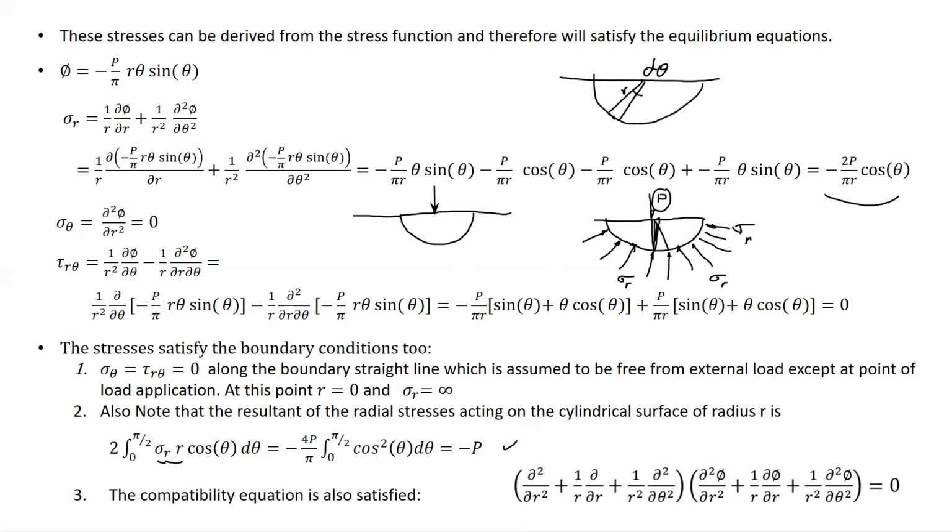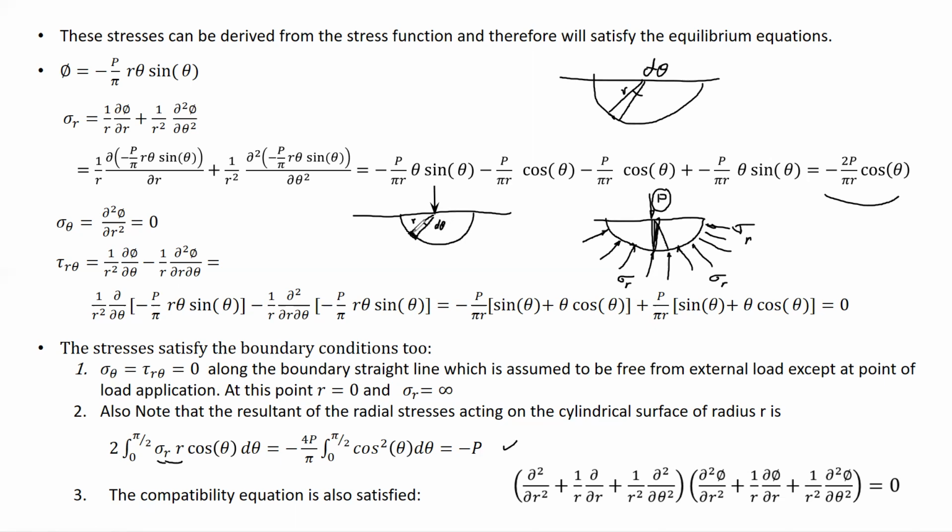Are we fine? Any question at this time? Do we understand what we are doing? I select a small element on this circle. If that radius is r, this angle is d theta.